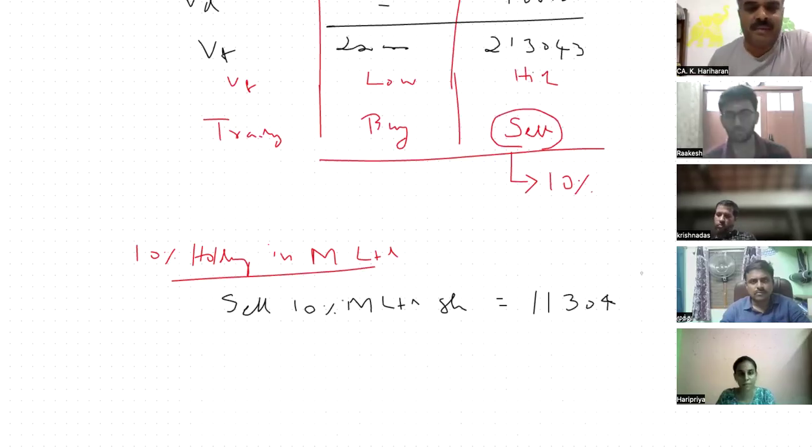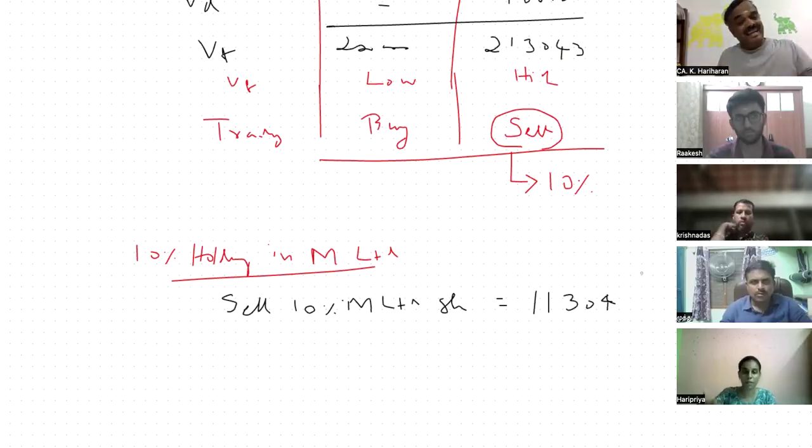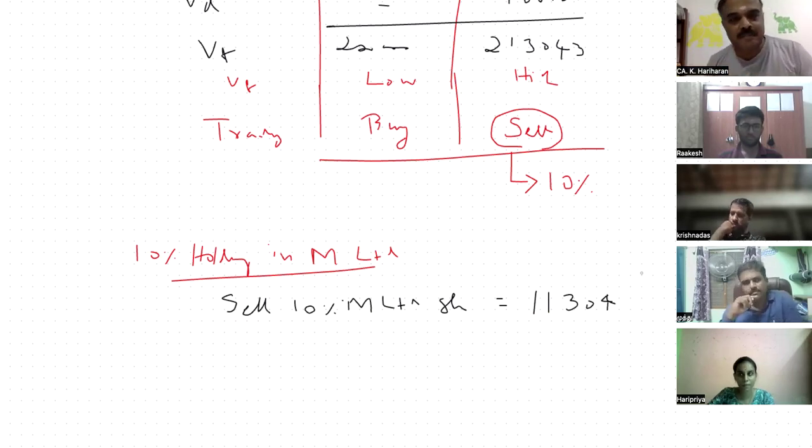In M Limited, after paying interest only, your shareholders' benefit will be there. Whereas in N Limited, there is no debt fund at all, no interest component. Therefore, both are not comparable. If you want to compare, you have to identify the benefit after paying interest.